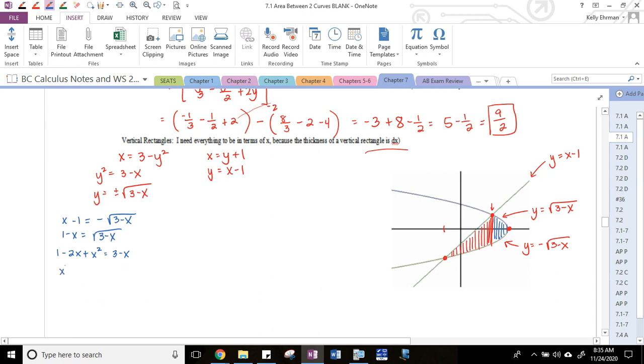You can solve the quadratic. Factor. We get two solutions. The one that we want down here is -1.